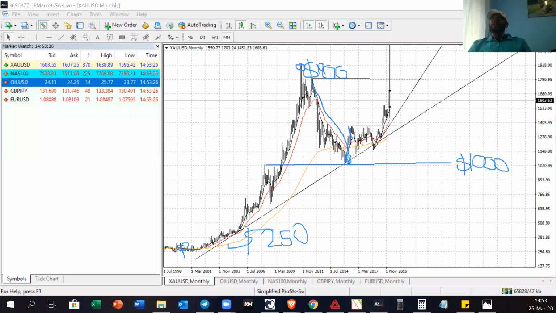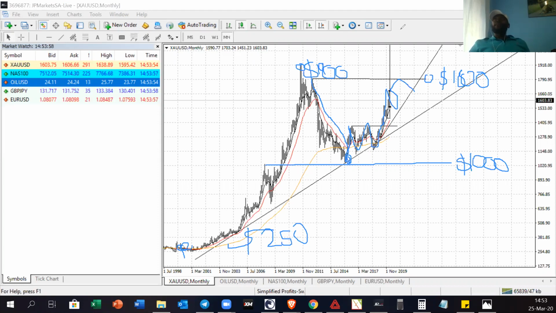Price broke out early last year, 2019, and we've been seeing price move up ever since. The next level of defense is this 1,800 level, and then the all-time high is 1,900, which we saw hit in 2011.